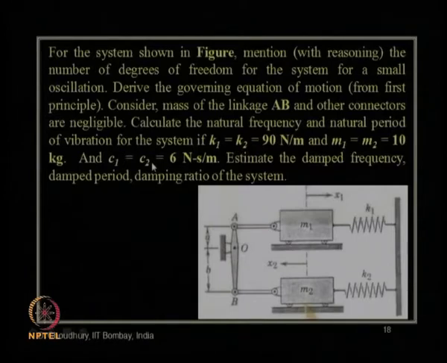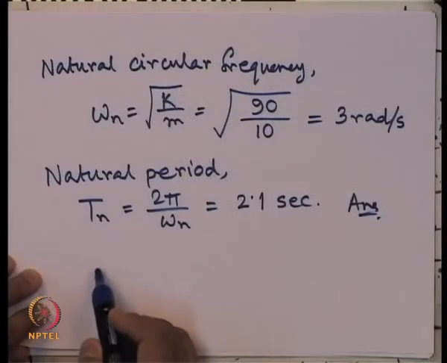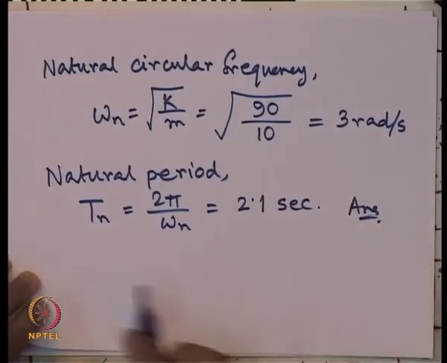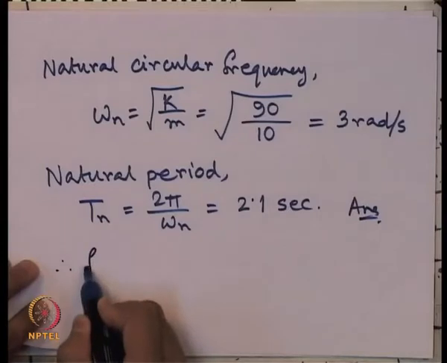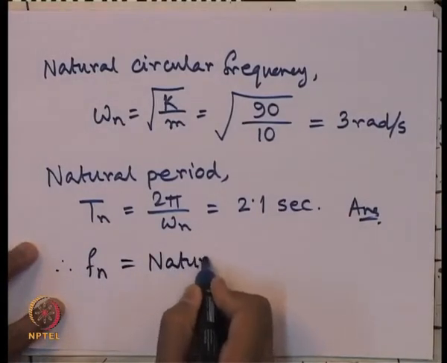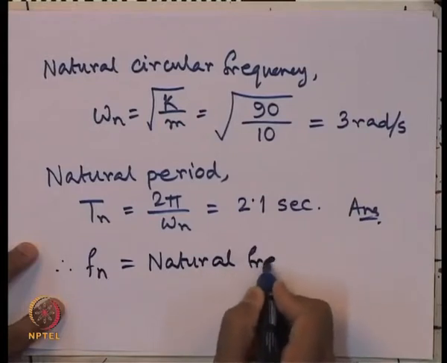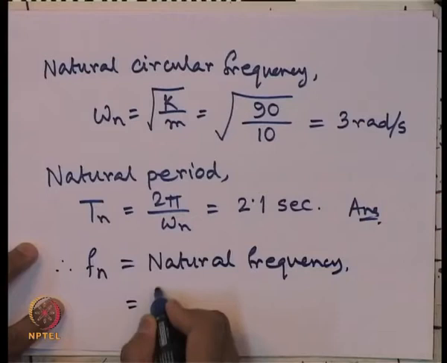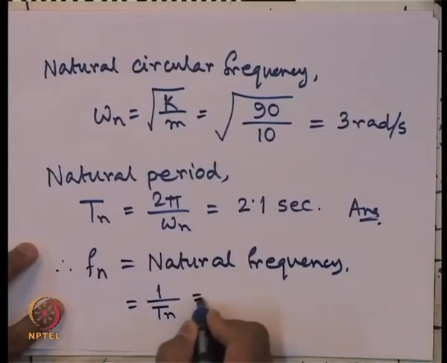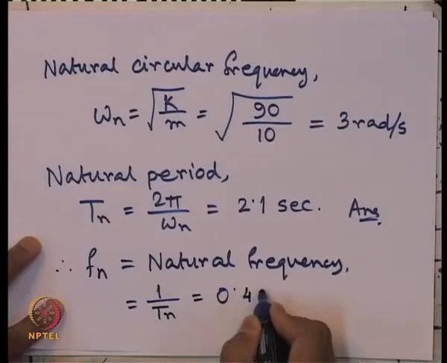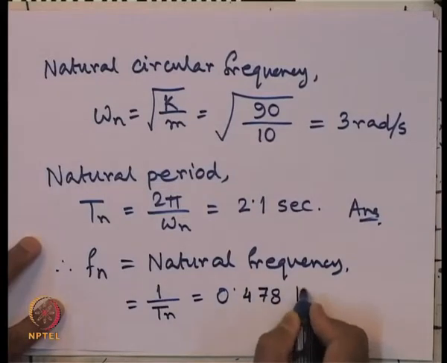If somebody is interested, they can calculate fn in terms of hertz also. Natural frequency fn will be equal to 1 by Tn, that is 1 by 2.1, which is 0.478 hertz.